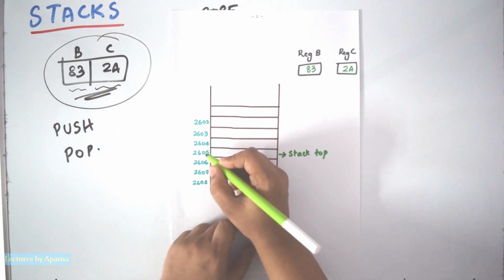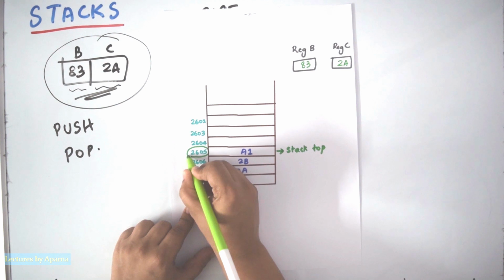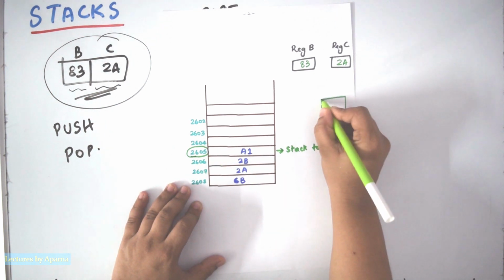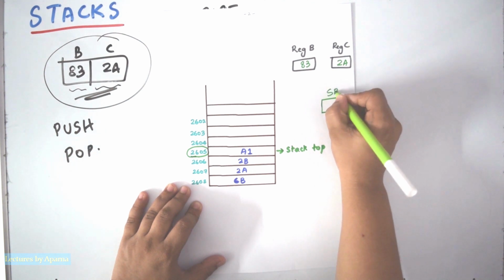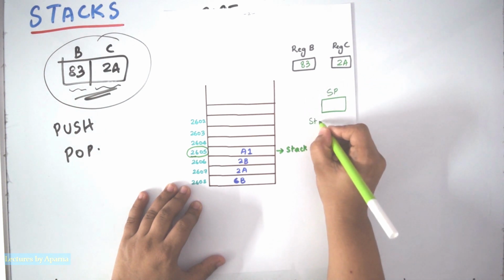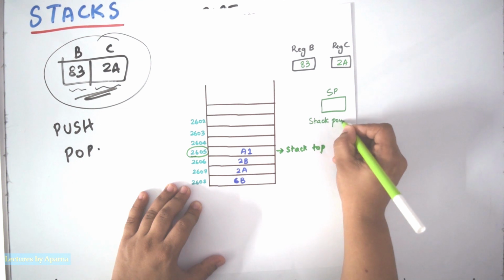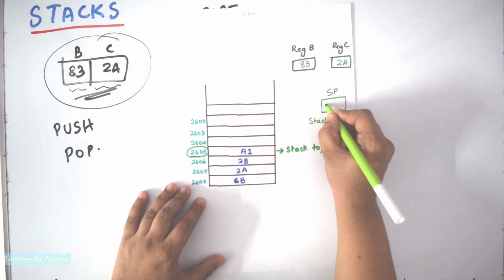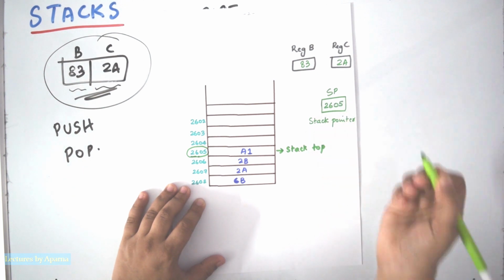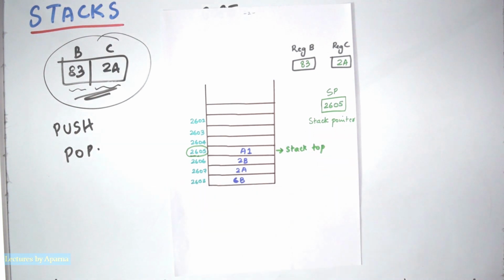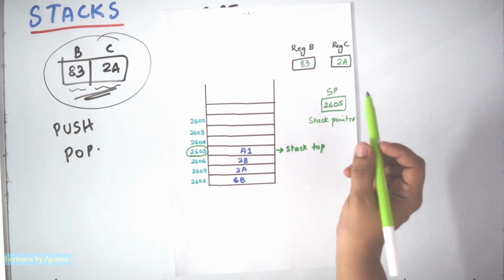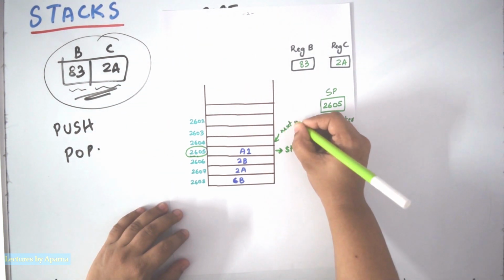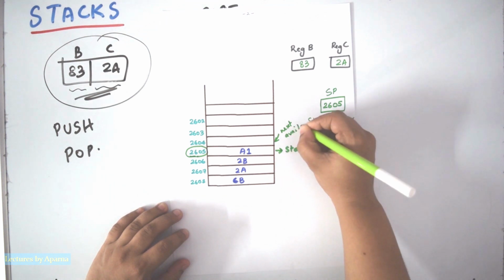The address of the stack top, which in this case is 2605, will be stored in a particular register called the stack pointer. So in the stack pointer this address will be stored, that is 2605. And the next available location in the stack is this.